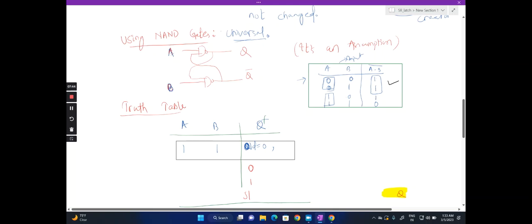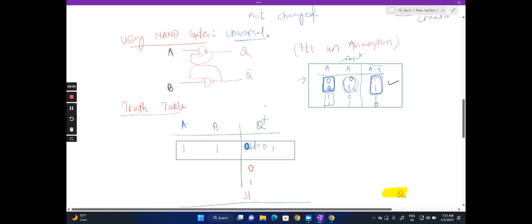When A is 1 and B is 1, it is 0. The important thing to notice here is that when an input is 0, the output is 1. We need not care about the other input. When one input is 0, the output will be 1.